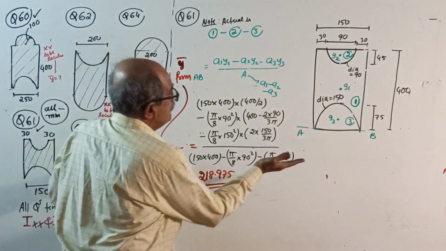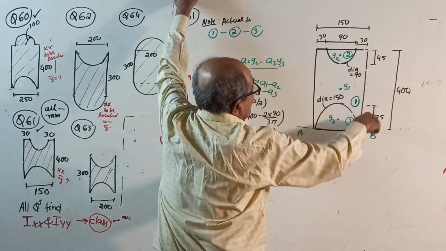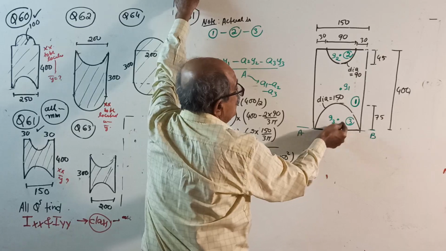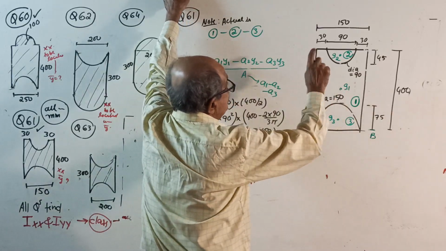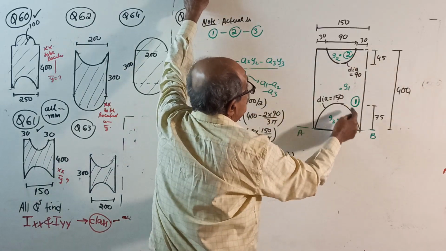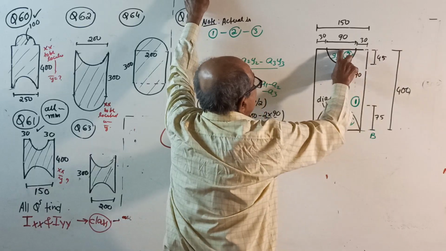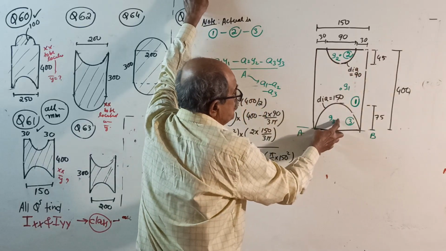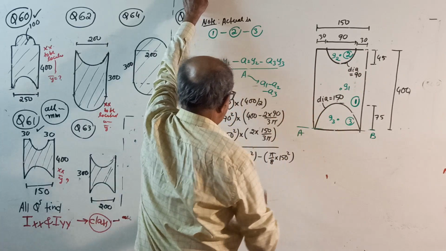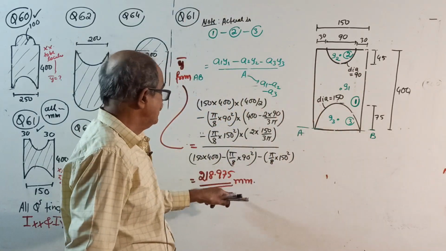Start. Y bar from AB. A1 means rectangle area into 400 by 2. Then minus this area into, from here to the centroid is 400 minus 2d by 3 pi. For this one, area into 2d by 3 pi, divide by total area, you get y bar.